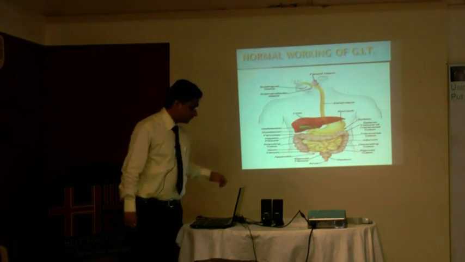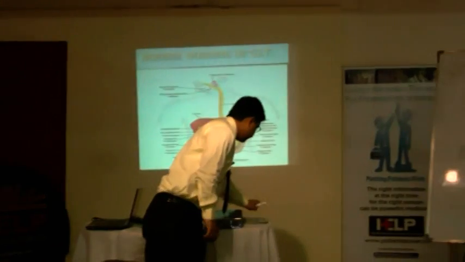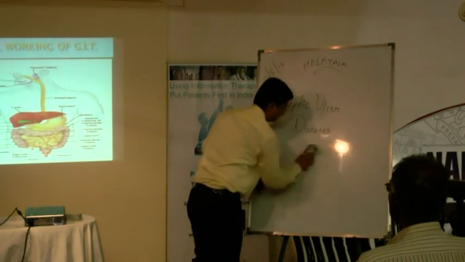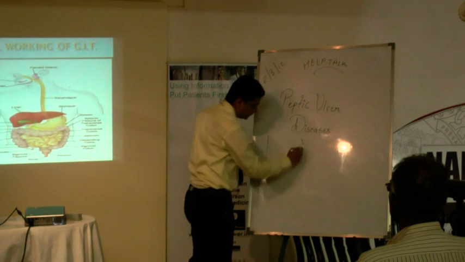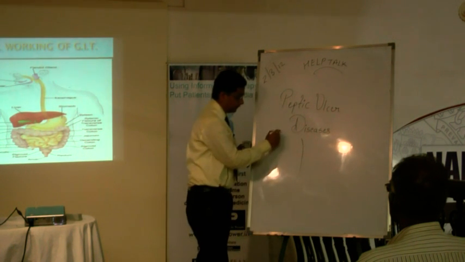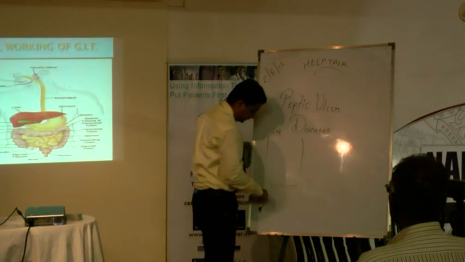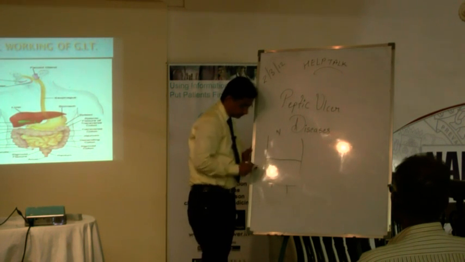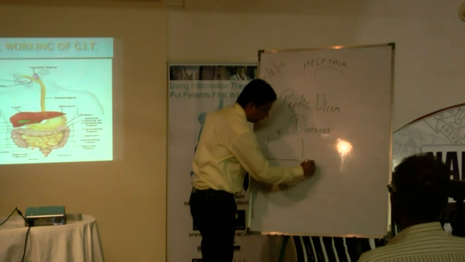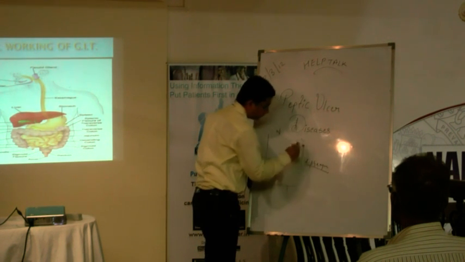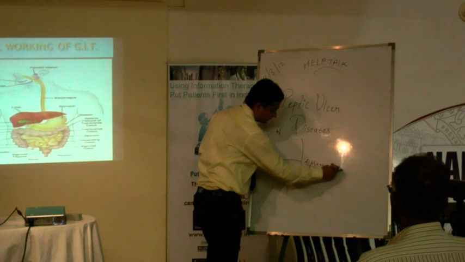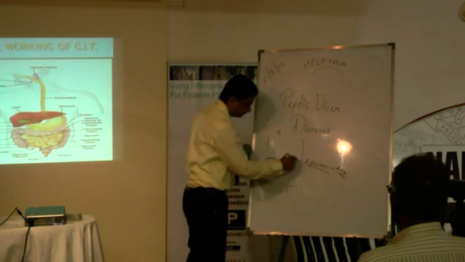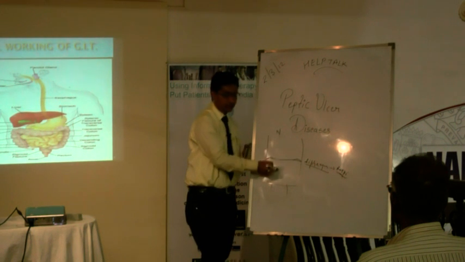Before that, I would like to give a brief diagram over here. Suppose this is our body cavity. This is from the neck, and this is the lower part where the leg starts. This body cavity is divided into two parts by a muscle called the diaphragm. This muscle helps in respiration also. It is curved over here and divides the body into two cavities.